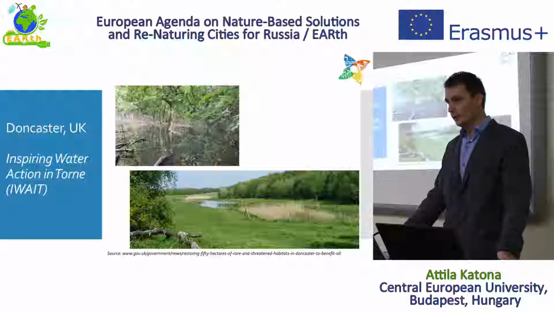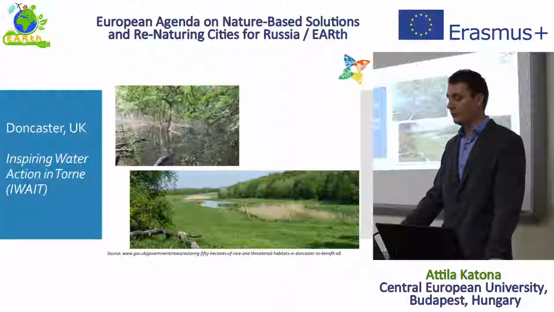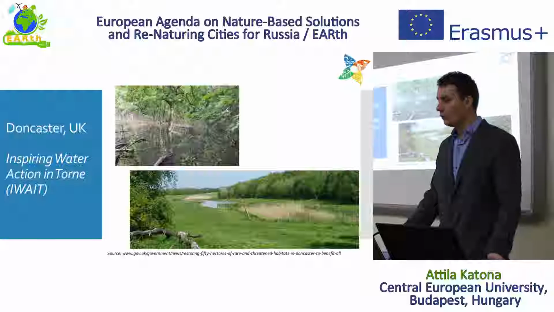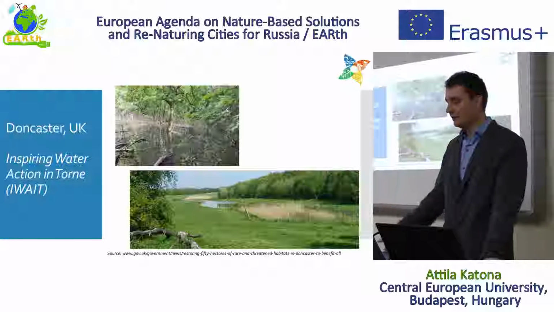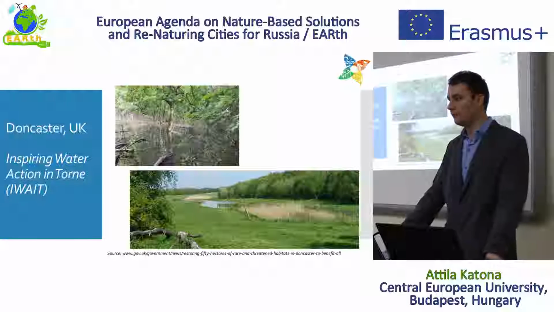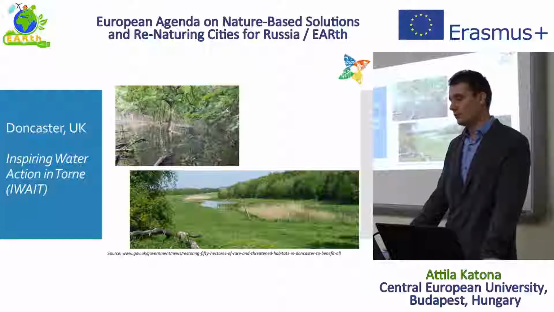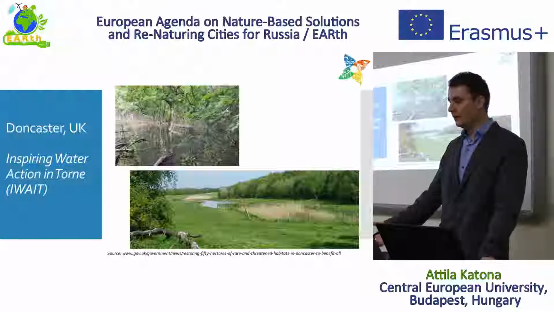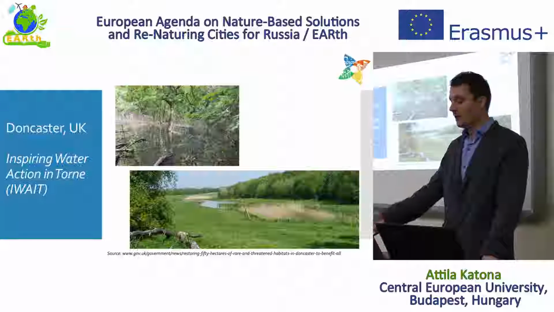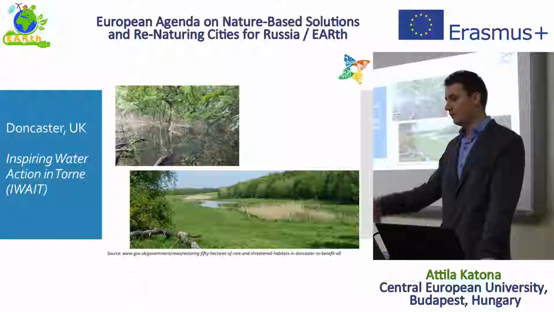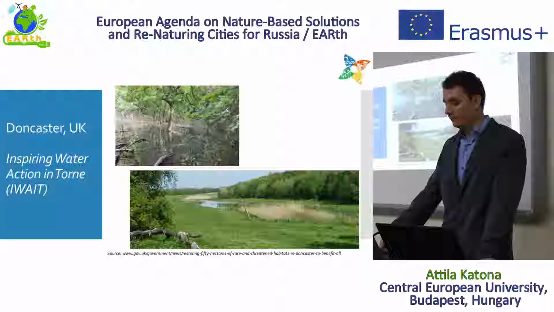But they worked with local communities, and they worked based on local wildlife needs after assessing it, and they also wanted to reduce flood risk in Doncaster. So this is again one of those interventions that try to build urban resilience and manage flood risk, while also benefiting local communities and wildlife.